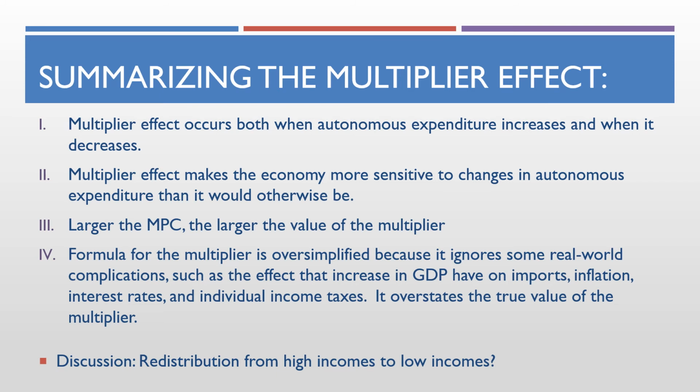Do rich people have a higher MPC, or do lower income groups have a higher MPC? If you can put this into a systematic way to think about tax policy, you might see the reason why we have this progressive tax system in the United States.